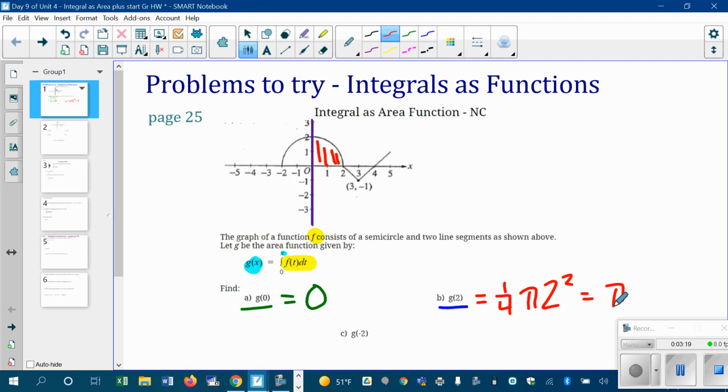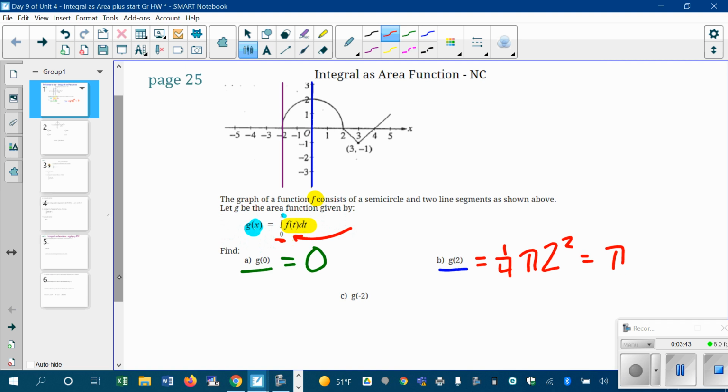G of negative 2 would mean that I still start from my start of 0. That's built into this function, but the area that I would be sweeping through would be to the other side, and that is going to impact the signs of what I write. So I will write out my thinking on this. For g of negative 2, I plug negative 2 in for x on the left side, and I have to plug in negative 2 for x on the right side of my equation.